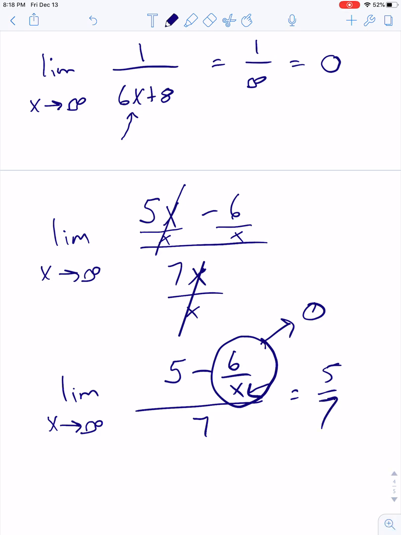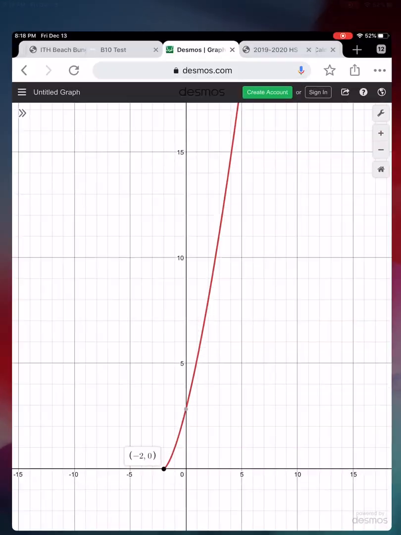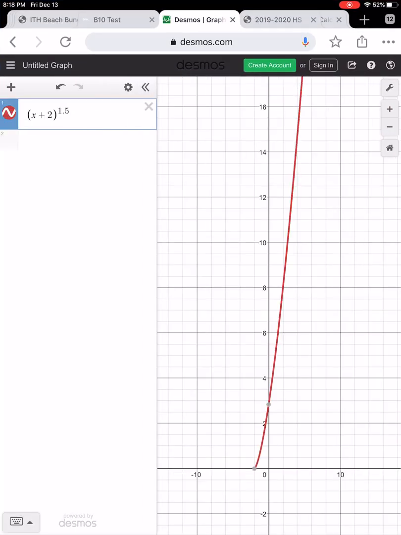And again, you can always confirm that by plugging it into Desmos and checking out the graph. So what do we have? (5x - 6) over 7x. Let's see what that looks like, just for the fun of it.